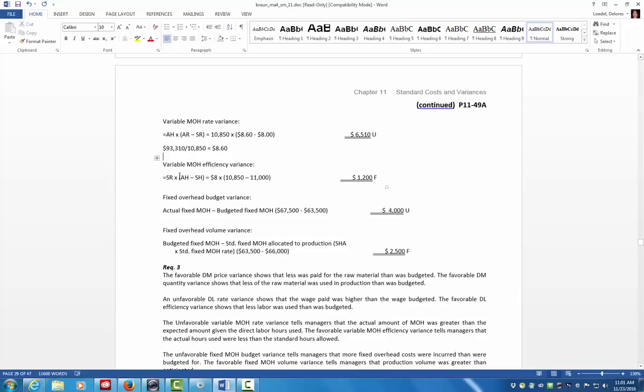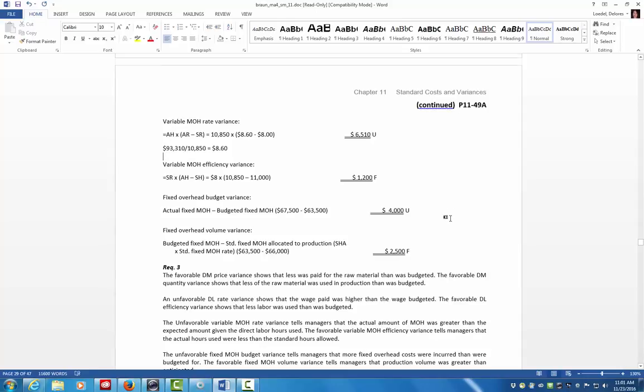Next we're going to take the variable manufacturing efficiency variance. A little simpler here because we already have our actual hours and we know what our standard hours are, multiplied by our standard rate, which is also given. Again, this time our hours are less than standard, therefore we have a favorable variance.